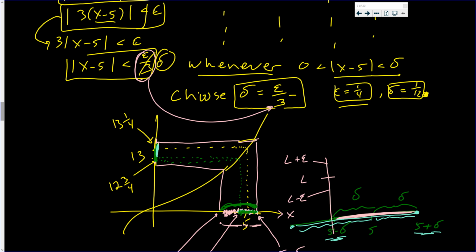And I am so glad that I didn't divide this by 5, because I would have gotten 1 over 20, because I went into this big geometric explanation. But when you divide this by 3, you get 1/12. So I just had a typo right there, nowhere else. Again, the slope was 3, and delta was epsilon over 3.